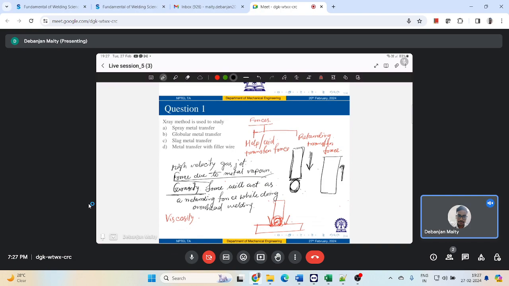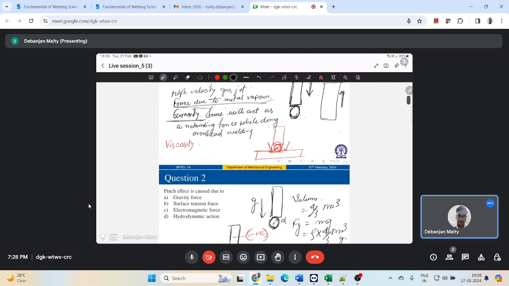Which one is true here? Mostly the X-ray method is used for slag metal transfer, because the metal transfer that takes place will be slag or flux protected, right? You cannot see the metal transfer with the naked eye. That's the reason the X-ray method is used in slag metal transfer.